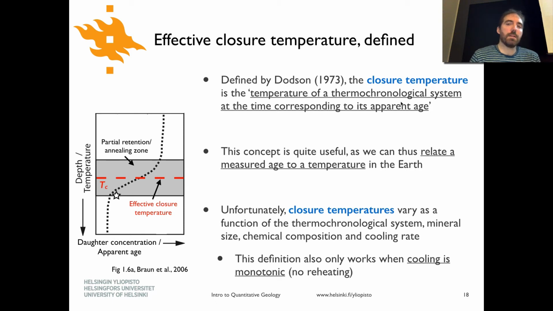But if you think about it this way, that you have some age at the surface, and you want to say, okay, what is the closure temperature's meaning? Well, it's simply the temperature of that mineral when it was so many million years ago. So if the age was 5 million years for some crystal you measured at the surface, this was the temperature 5 million years ago for that crystal.